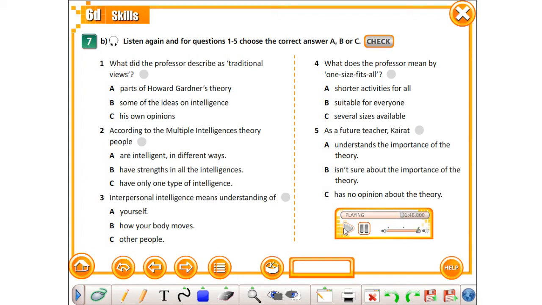So, why is it important for future teachers like ourselves to learn about this theory? Excellent question. One of the main points of the theory is that every mind works differently and processes information in various ways. This means that a one-size-fits-all approach to your lessons in the future may not work.